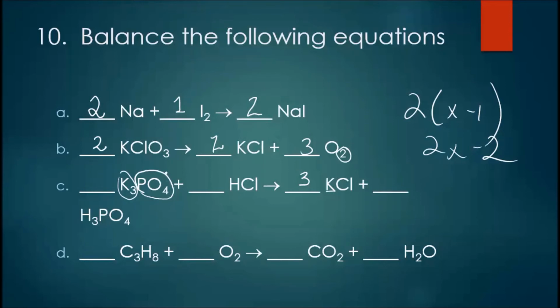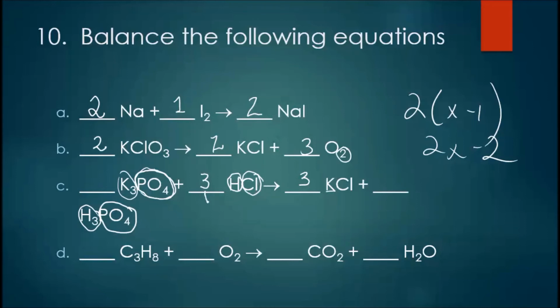How many PO4s on this side? No, PO4s, the whole thing. 1. How many PO4s on this side? 1. Okay, so the K's are fixed and the PO4s are fixed. How many H's? Uh-oh, how do we fix that? How many Cl's?